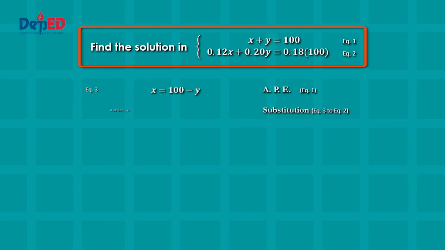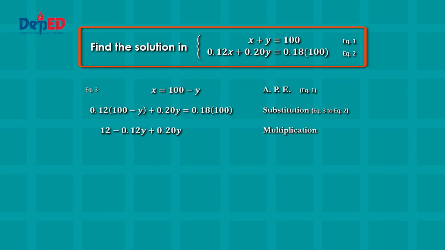Then, we substitute this to the second equation. 0.12 times the quantity of 100 minus Y plus 0.20Y is equal to 0.18 times 100. Next is we multiply the necessary expressions.